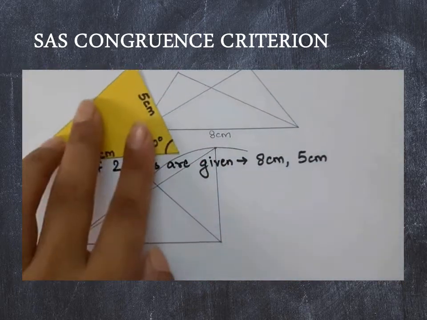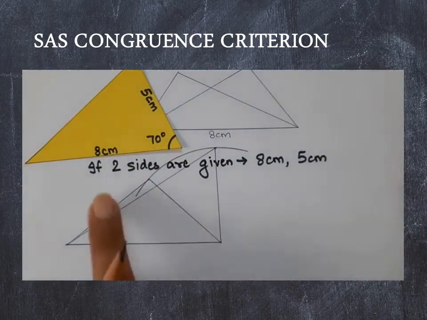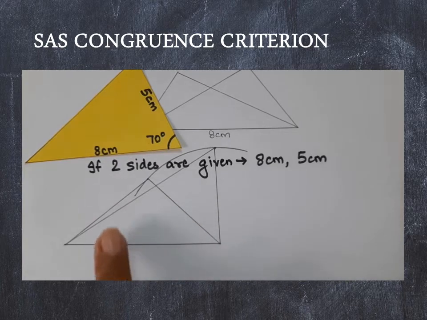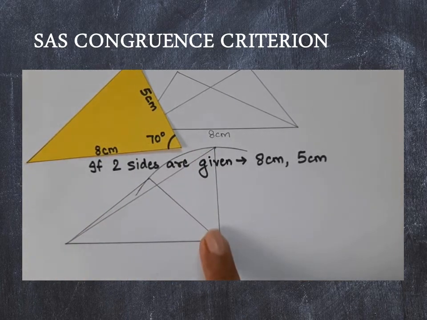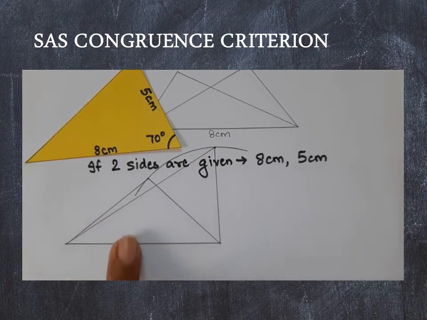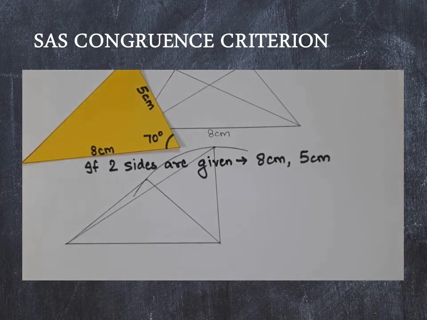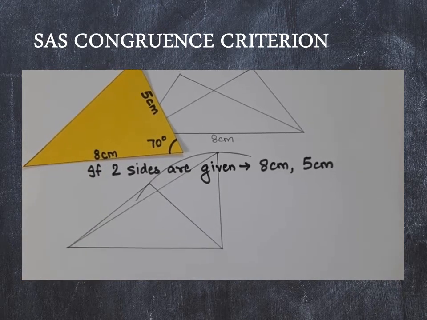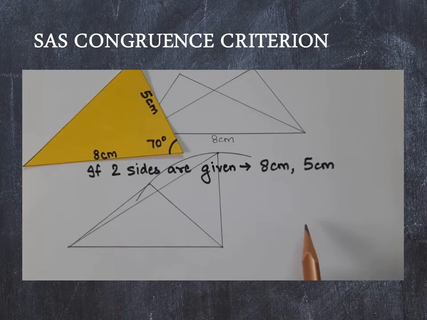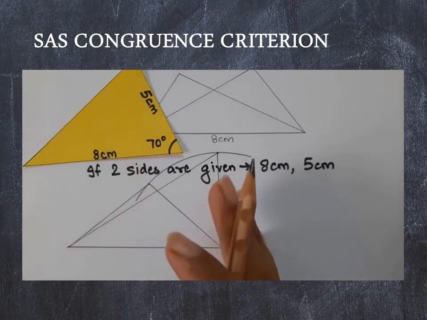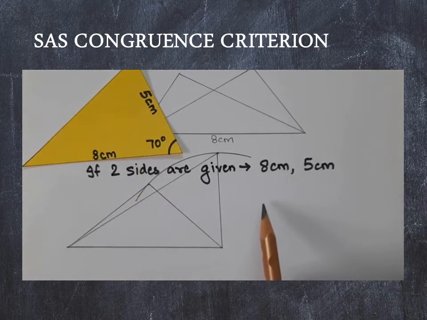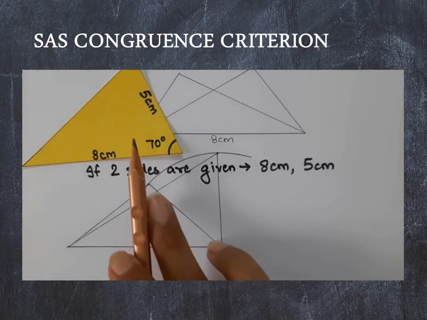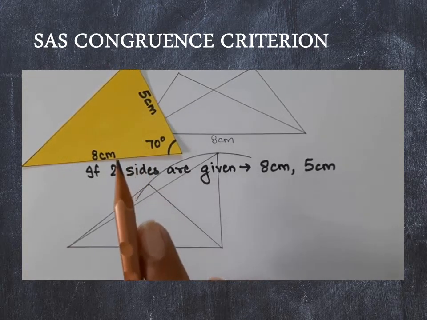So this condition also tells us that when only two sides are given, then also we are able to make many different triangles. It is not necessary that any triangle that I construct will be a copy of this triangle. I can construct many triangles, but I need a condition where the triangle I construct is an exact copy of this, because that condition will be the sufficient condition.